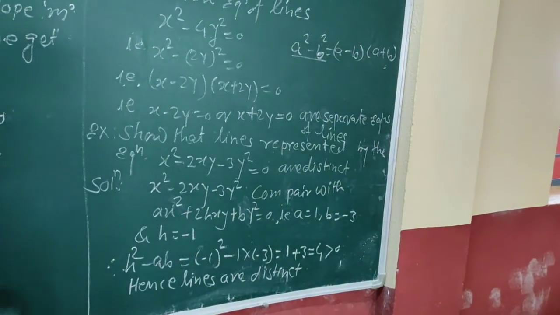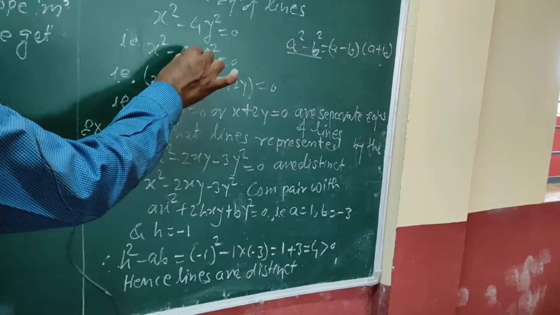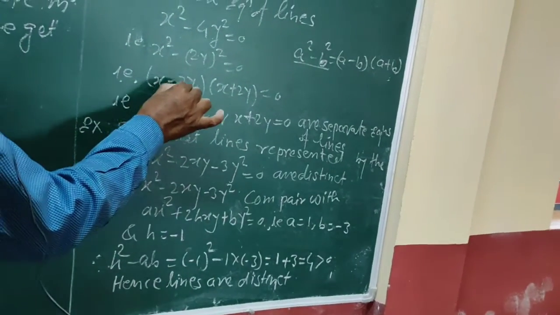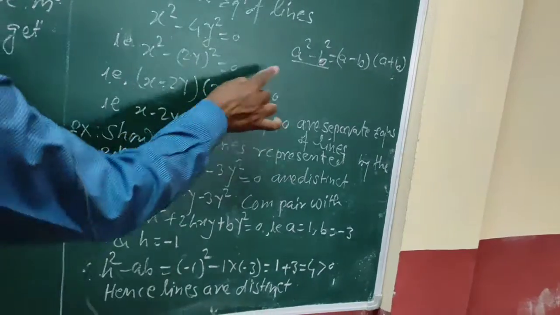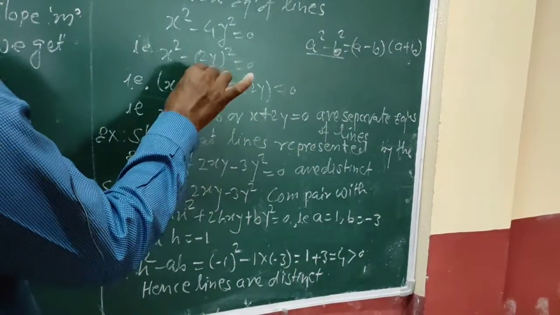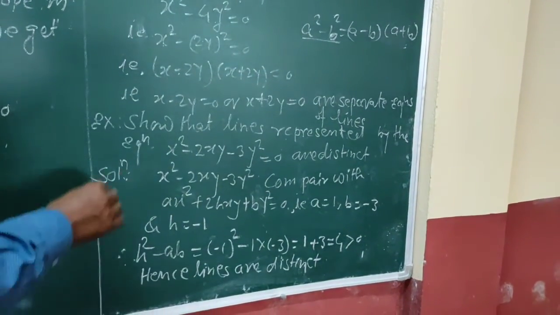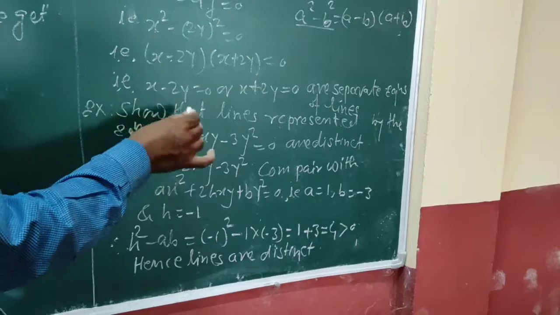So it is easily factorizable by this standard formula, a square minus b square is equal to a minus b into a plus b. Here a is x and b is twice y, so in the first bracket it is x minus twice y, and in the second bracket it is x plus twice y, equal to 0, and that is how we separate them.